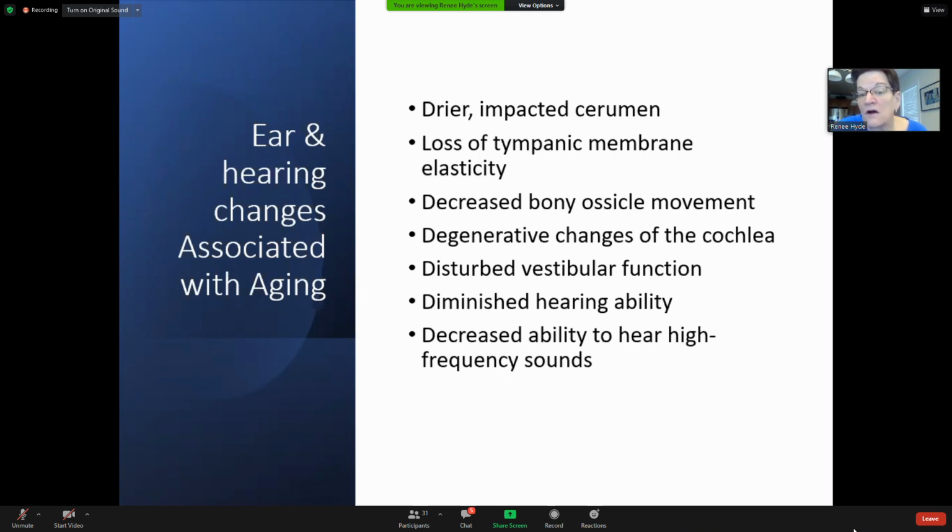And with our elderly clients, they typically have a decreased ability to hear high frequency sounds. Okay? And so what you see is that a lot of times your elderly population will have trouble hearing children's voices or women with high-pitched voices.